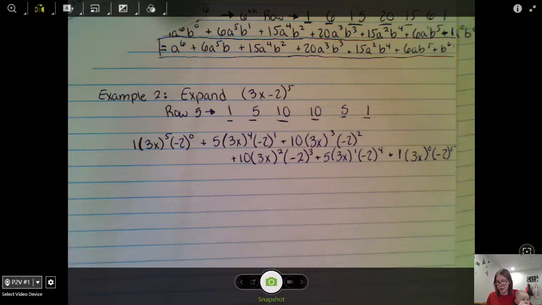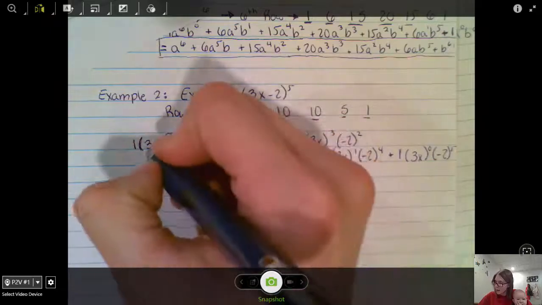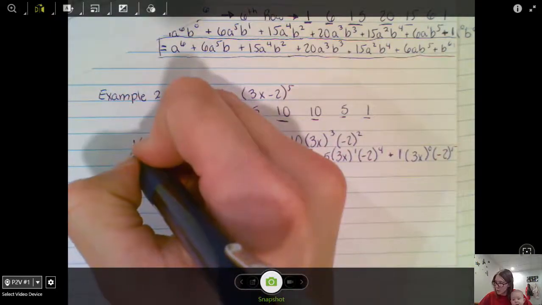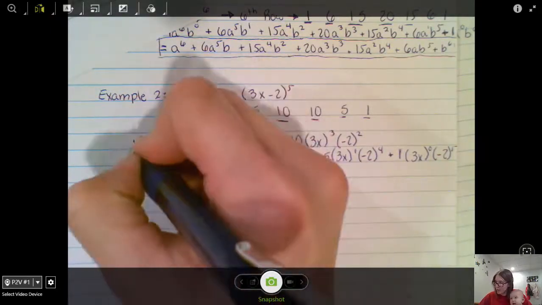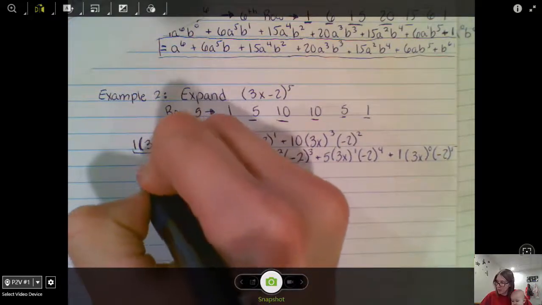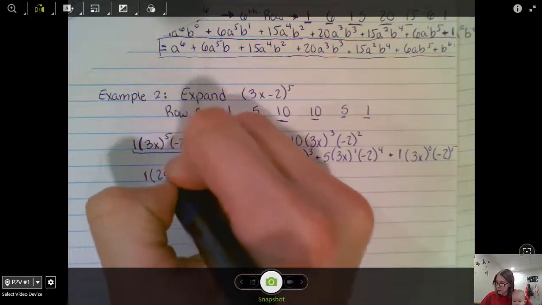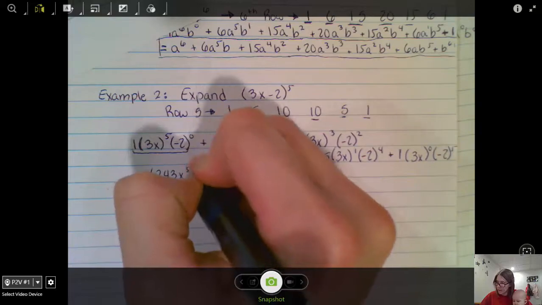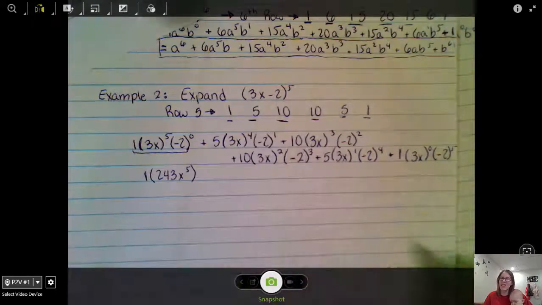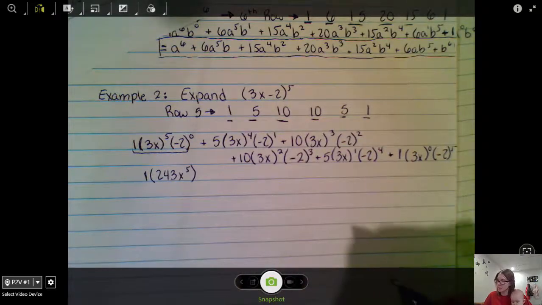So I'm going to do that real quick. And 3 to the 5th power is 243. So this whole first chunk here becomes 1 times 243x to the 5th. And then that -2 to the 0 power I don't really need.